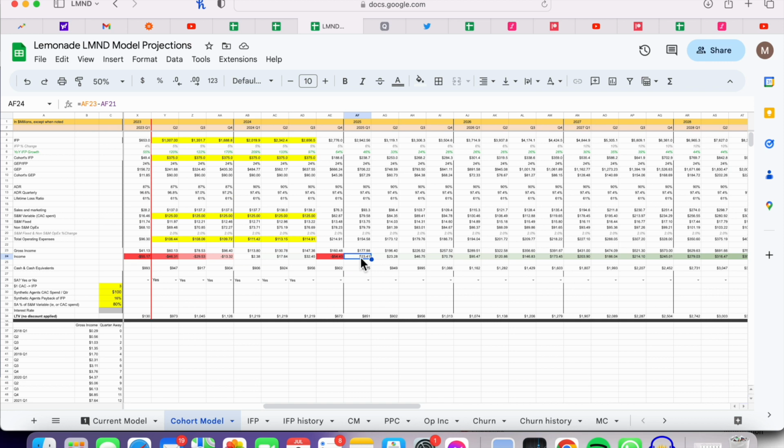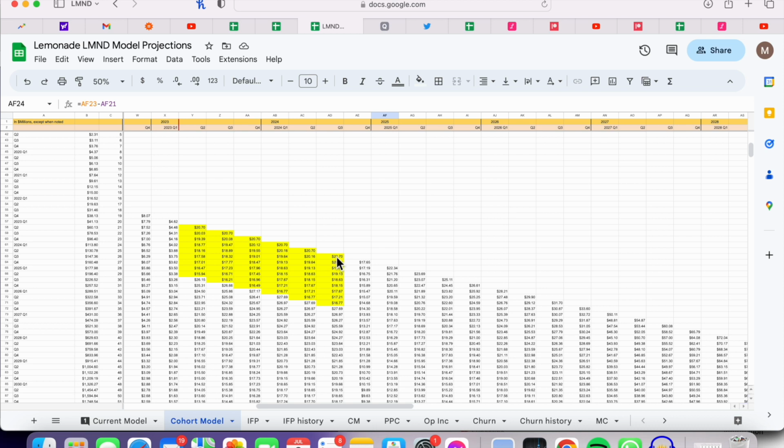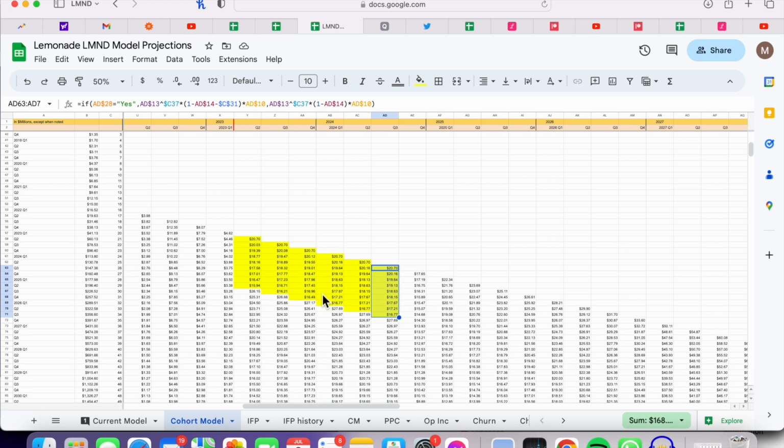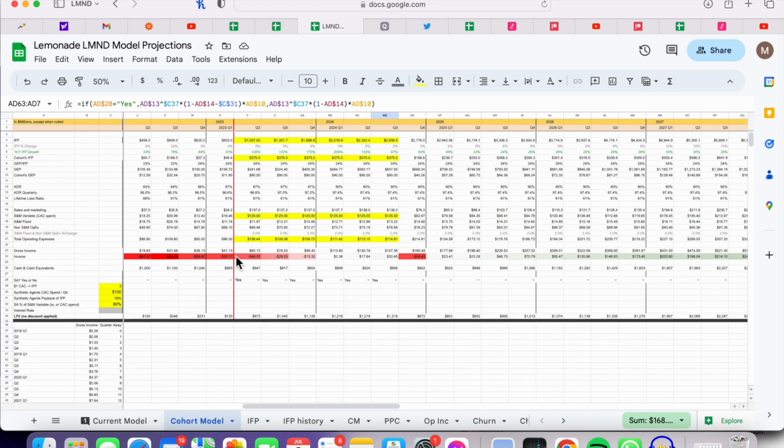In a sense, you're converting less than you otherwise would have for the same amount of CAC spend. But if you're increasing your overall CAC spend while keeping your operating expenses kind of similar, so you don't run into cash problems, then you're pulling profitability much closer, much sooner. That is kind of what the synthetic agent effect has.